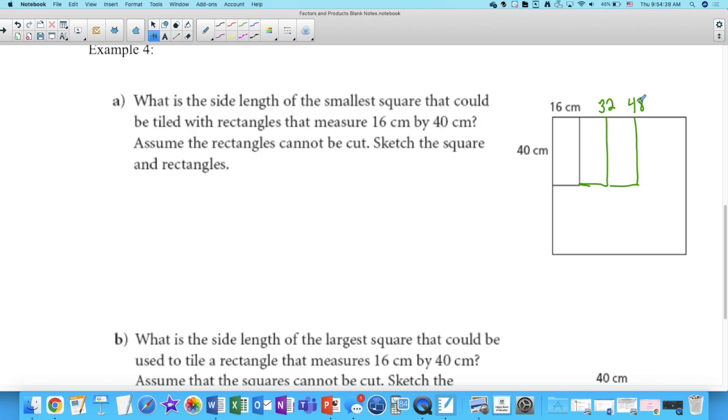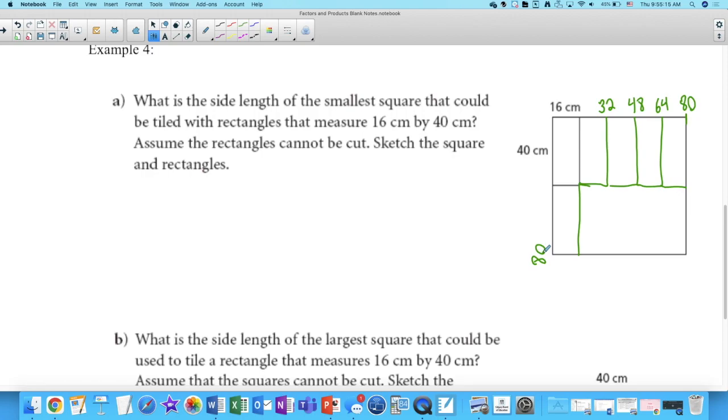Another copy of 16 would be, what is that, 64. And then another copy of 16 would be 80. Okay? Now, if I go down this way, now I'm laying down more copies of 40. 40 plus 40 is 80. So that would be the size of the square that I can make using these tiles.